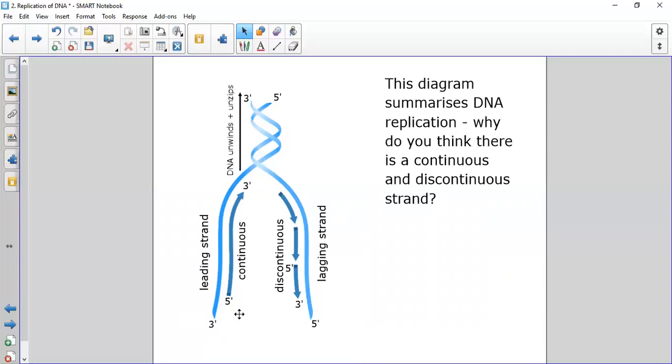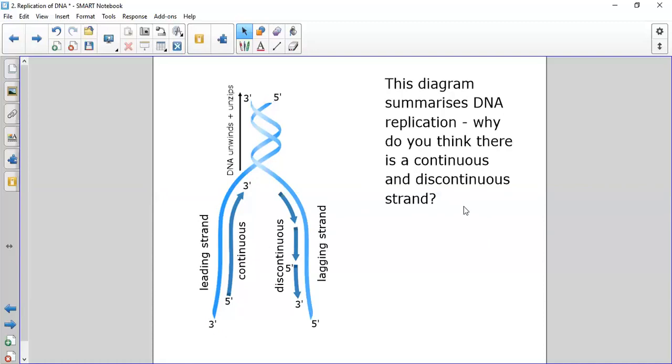So what we can see here is this arrow here is saying the DNA is unwound and unzipped. So rather than it still all being as a double helix, it's untwisted or unwound and it started to unzip. And when it does that, it's obviously easy for us to see that this is 3' end and this is a 5' end.